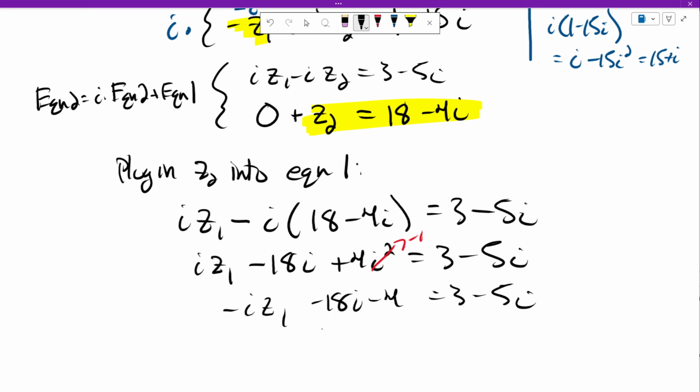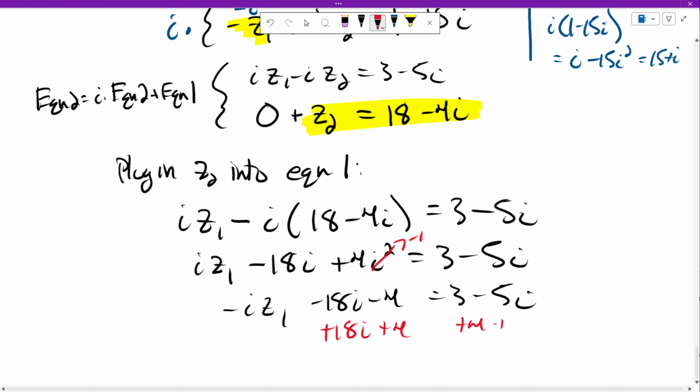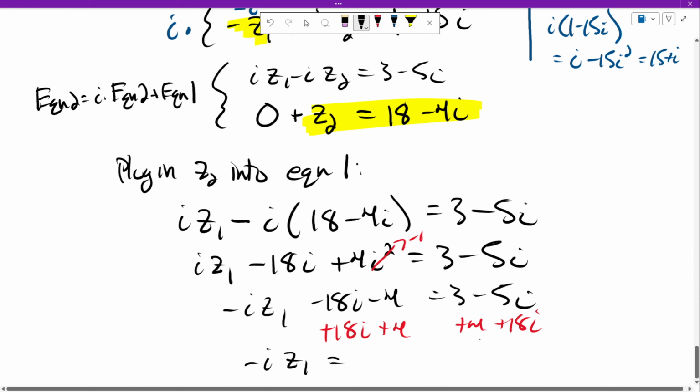We're going to go ahead and add 18i, let me just use red here. We're going to add 18i and 4 to both sides. And when we do that, we get negative iz1 is equal to 3 plus 4 is 7. Negative 5 plus 18 is 13. So 7 plus 13i.